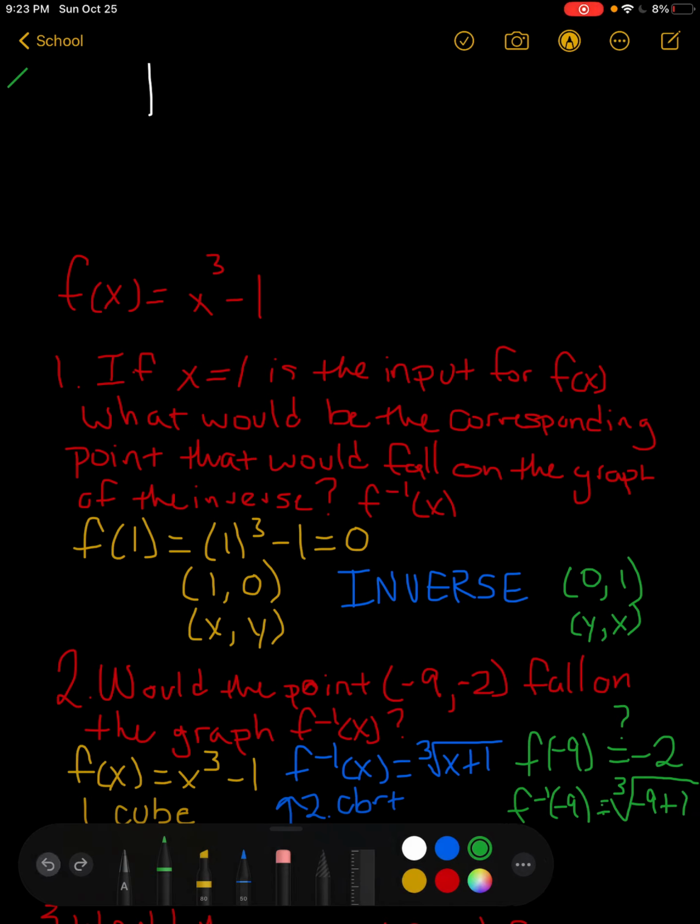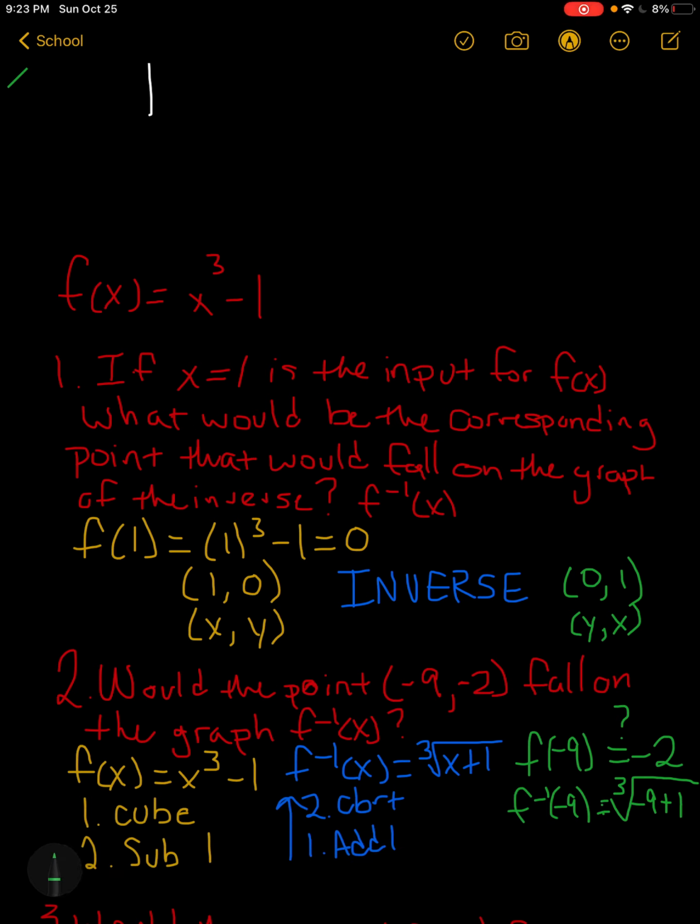Sorry, that should be a 1. Simplify it again. I end up with the cube root of negative 8, which does give me negative 2. So this point of (-9, -2) would fall on the graph of f inverse of x.